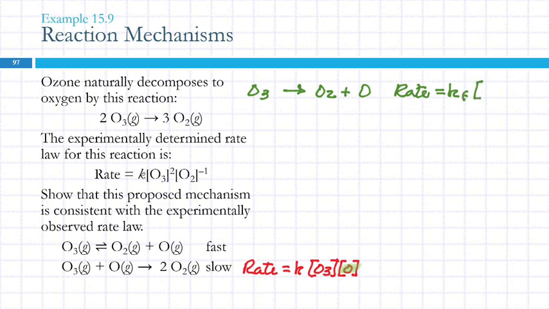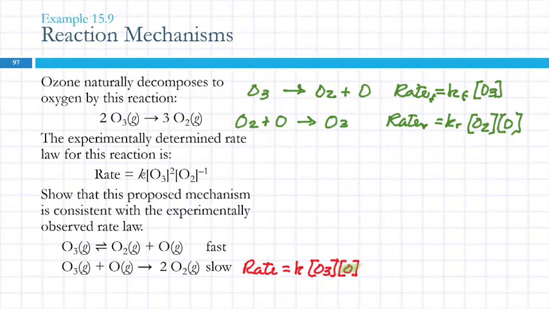It's just going to be O3. The reverse reaction is O2 plus O, making O3. And we can write a rate law for that. What would it be? Yeah, O2 to the first power. This is the forward reaction. This is the reverse reaction. You've got these double arrows. Both of these are happening at the same time at equilibrium.